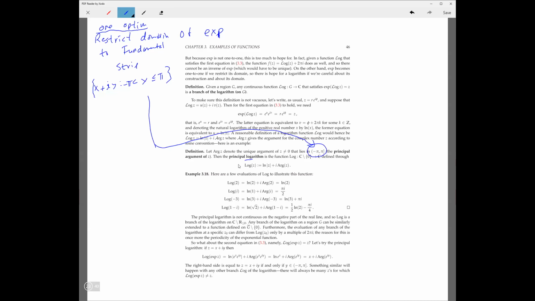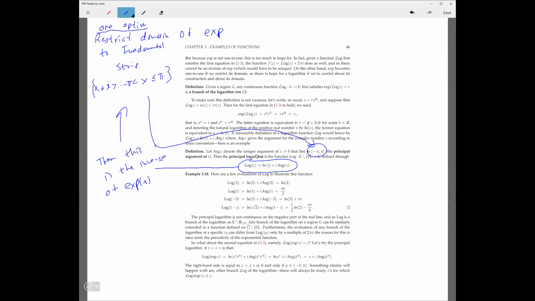Then this function here becomes the inverse of the exponential function of z restricted to this set. And it's called the principal logarithm.